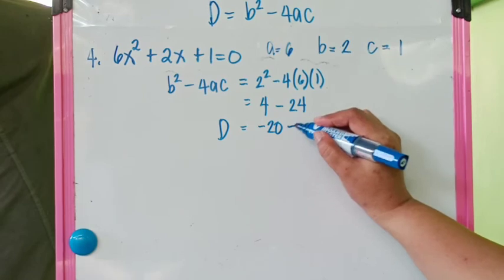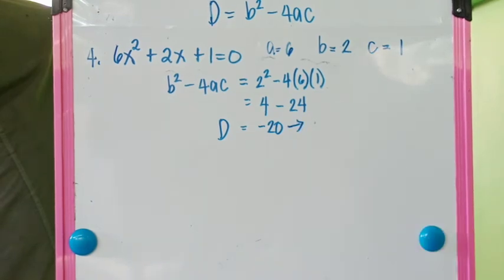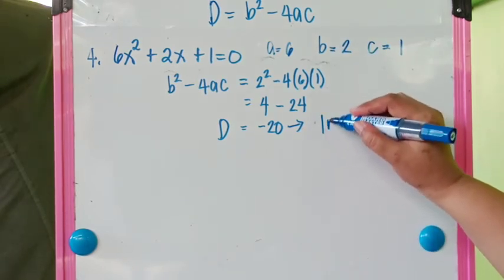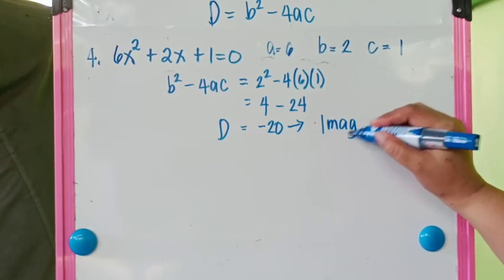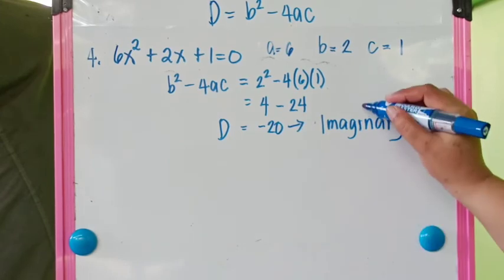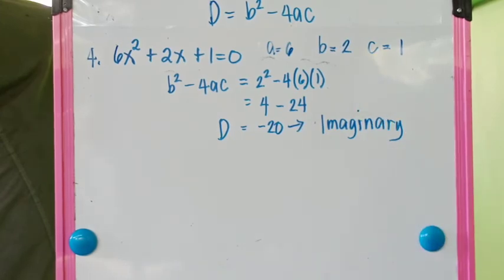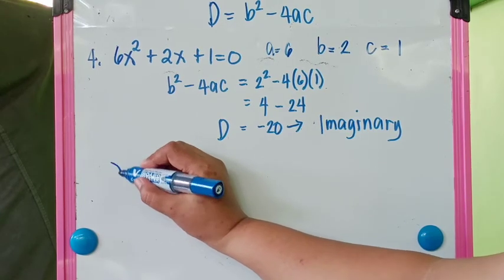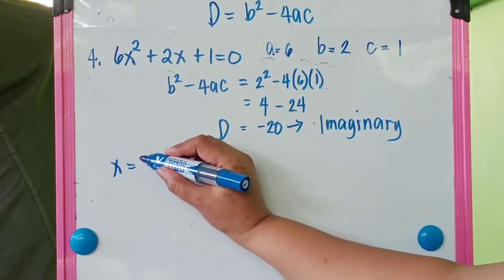So remember, if the discriminant is less than 0, then the roots are imaginary. So to check, we have again the formula x is equal to negative b.